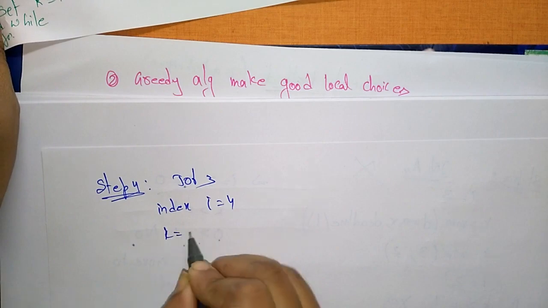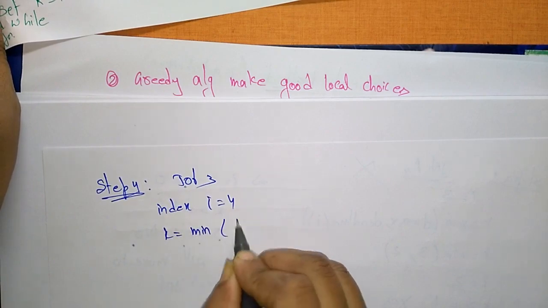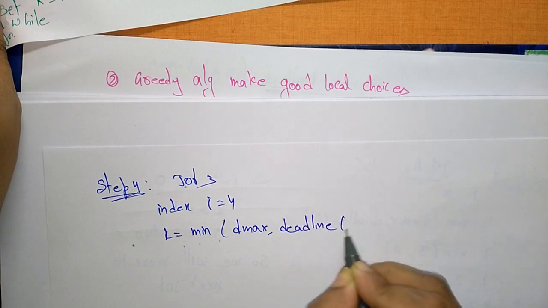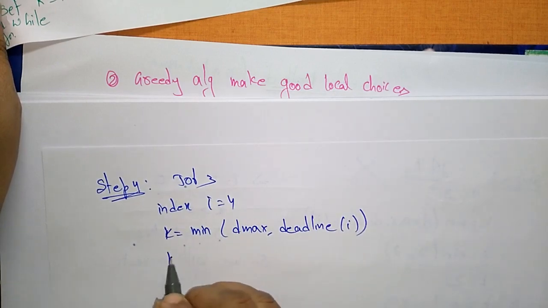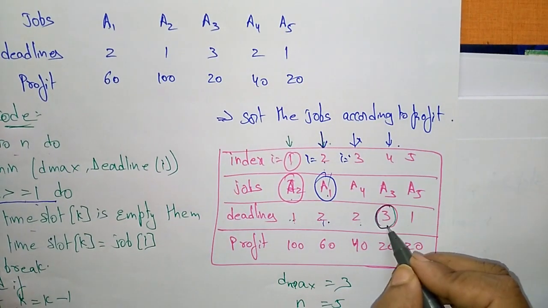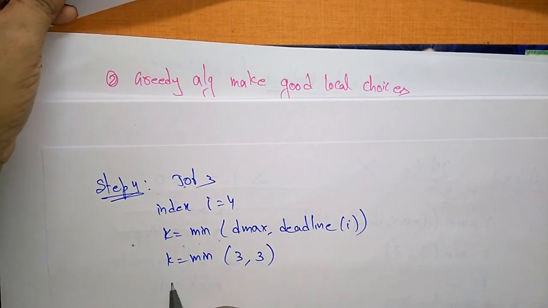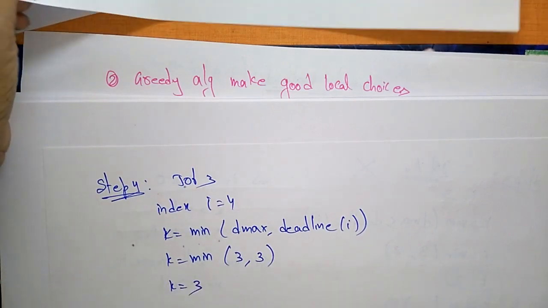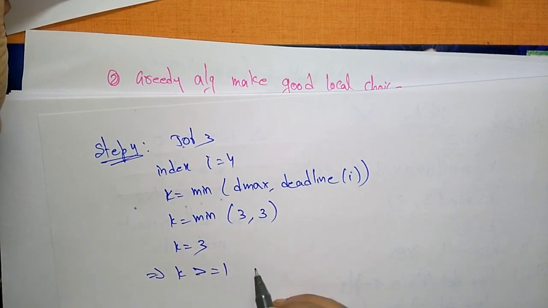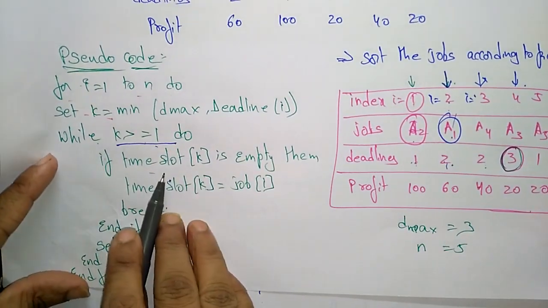Now k is equal to minimum of D max comma deadline of I. K is equal to minimum of D max, which is 3, and deadline of 4. What is the deadline of 4? 3. So the minimum value is 3. Now check: k greater than or equal to 1, that is 3 greater than or equal to 1. Yes, this condition is satisfied, so it enters this.